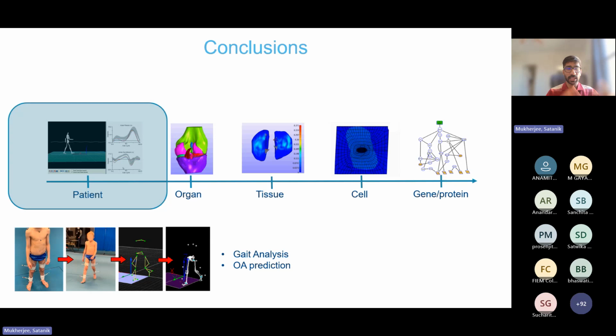At the patient level, we discussed how we can use deep learning based algorithms to do gait analysis of patients and look at osteoarthritis prediction using other clinical markers and the gait of the patient.